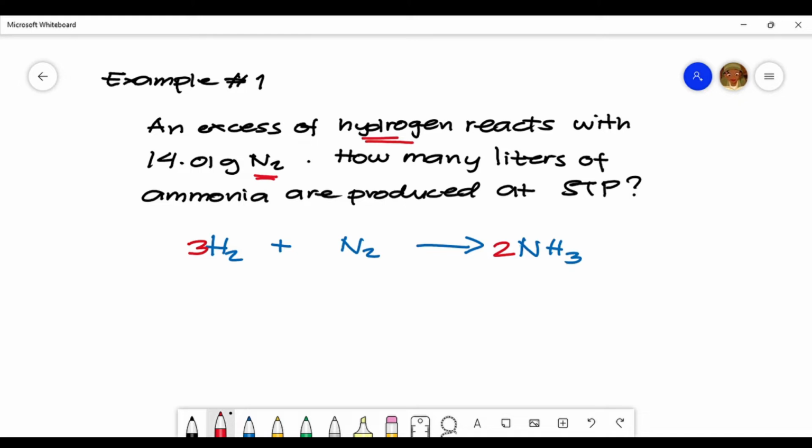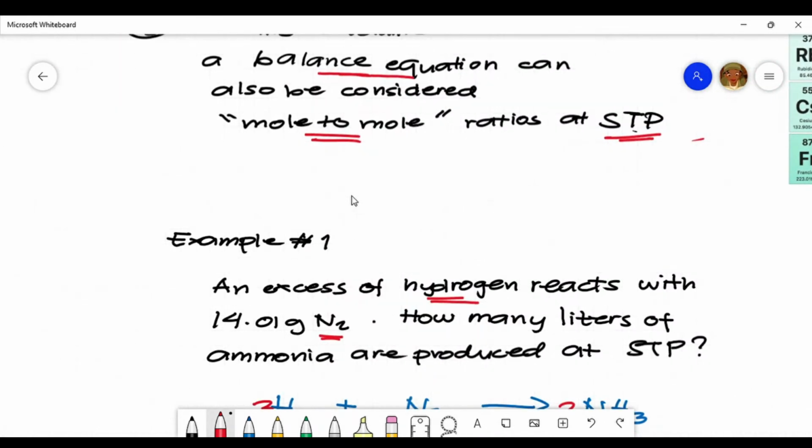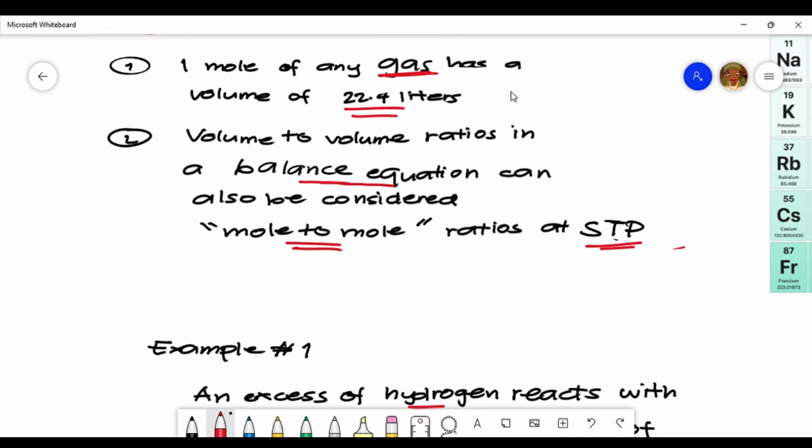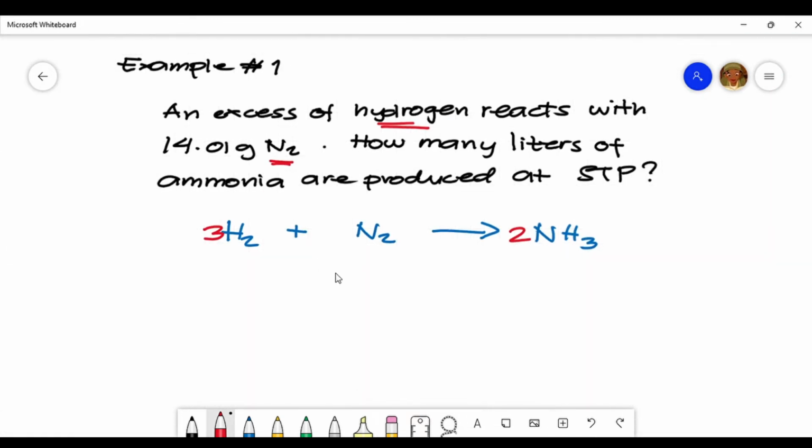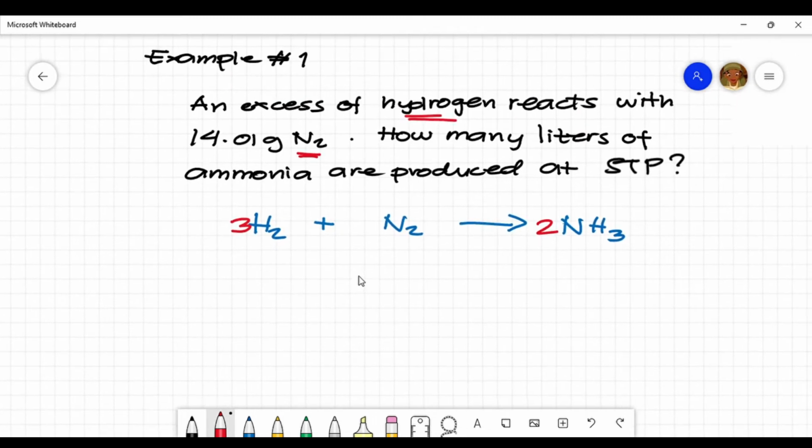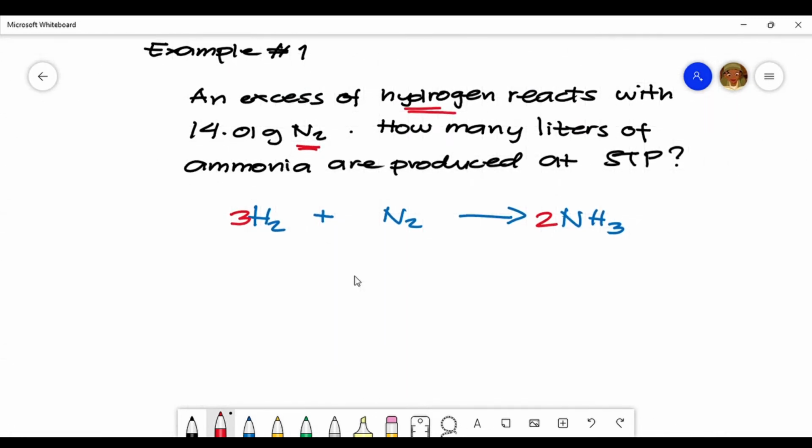Now, the next step is to use dimensional analysis. So remember at STP for gas stoichiometry, 1 mole of any gas has a volume of 22.4 liters. We first write the given values. We have 14.01 grams of N2.